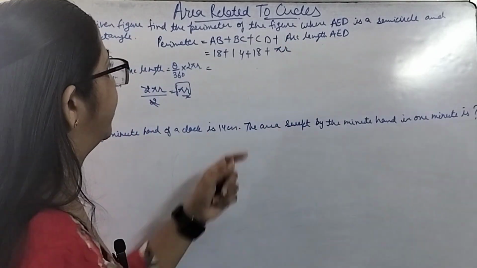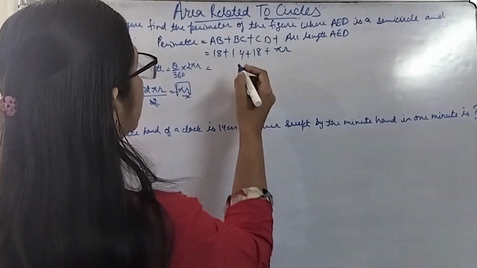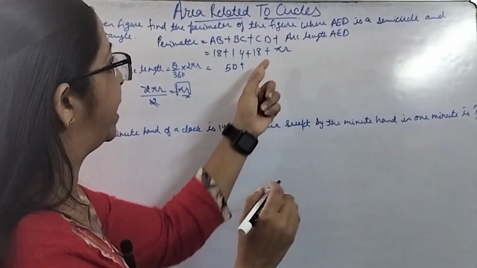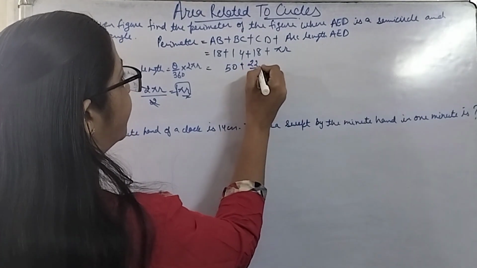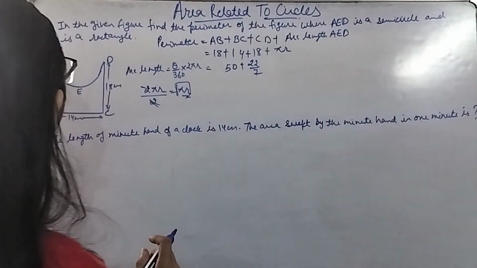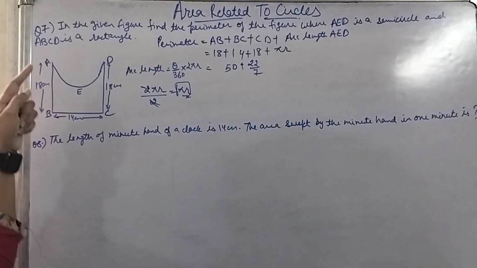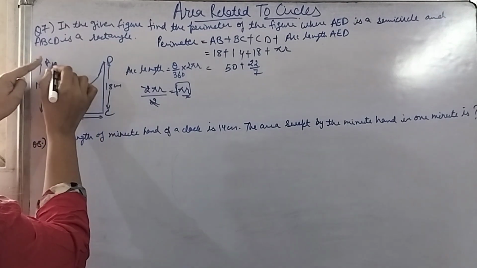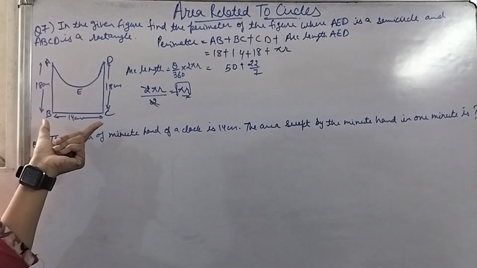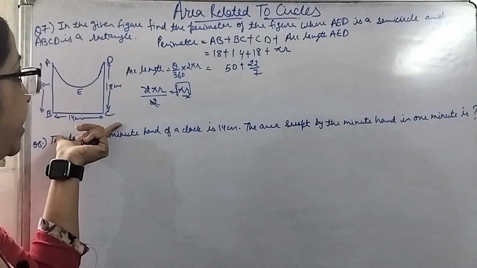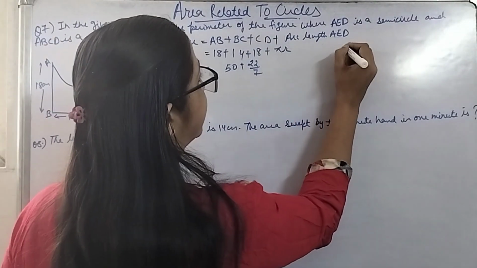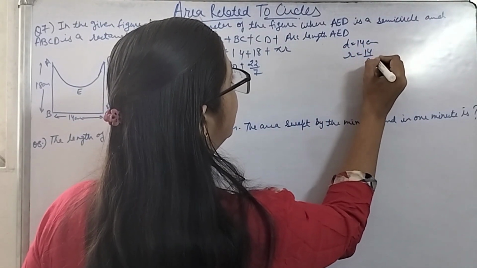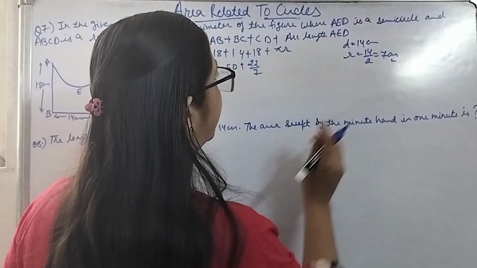Now if I solve over here, 50 it is. Instead of pi, I am taking 22 by 7. Instead of r, see, this is the diameter. If I look at AED, this AD is the diameter, and this diameter is equivalent to 14 centimeter. So if diameter is 14 centimeter, radius will be 14 by 2, that is 7 centimeter.